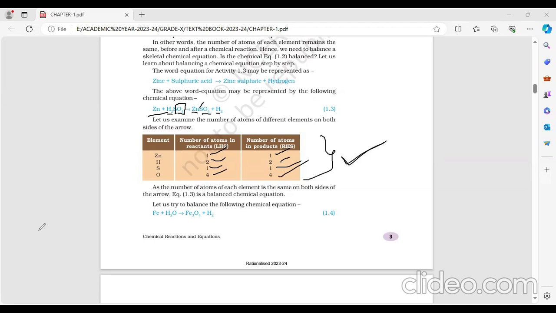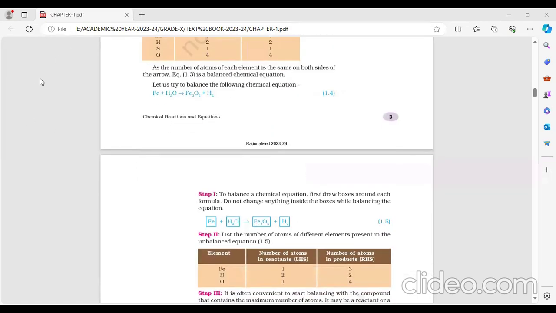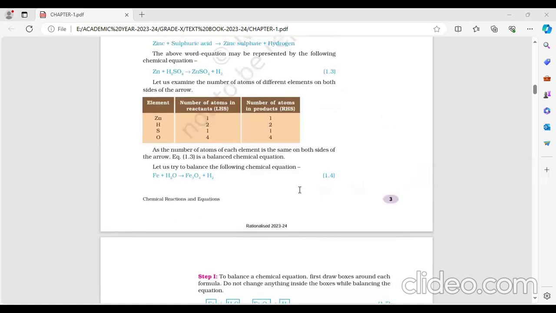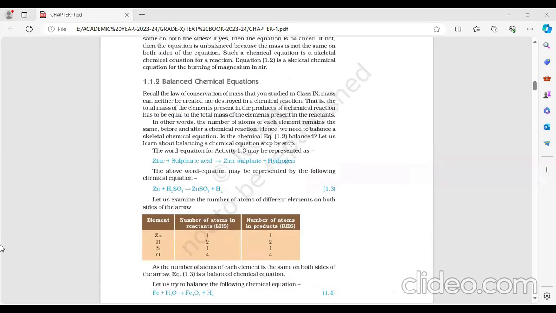Now let us see the next chemical equation. It is iron. One more point you should remember here: in 2020, in the CBSE board, a question was asked for 1 mark.